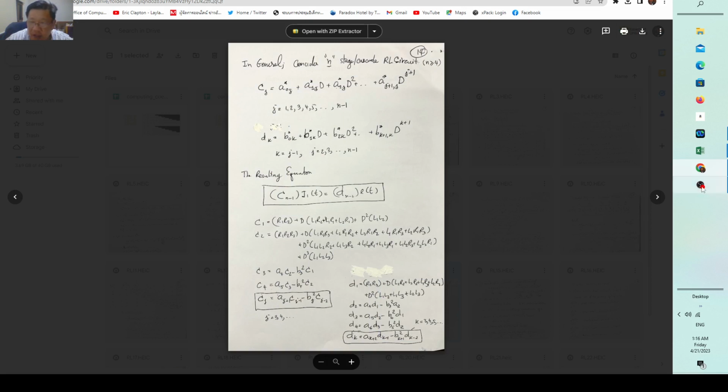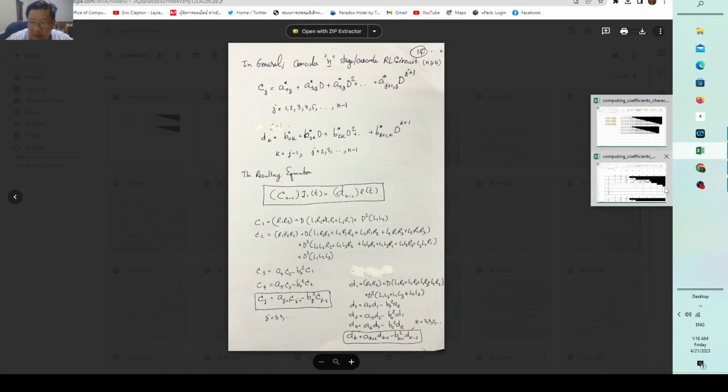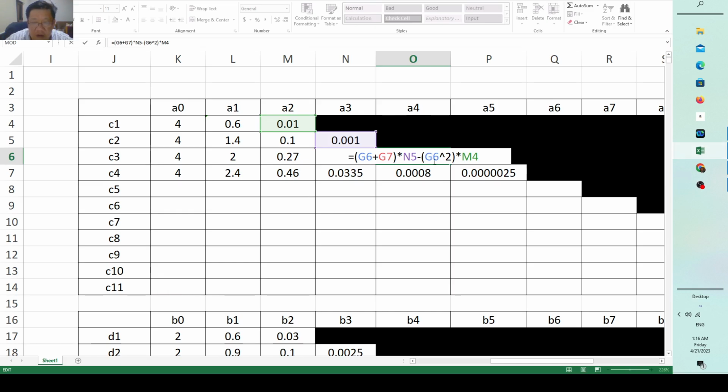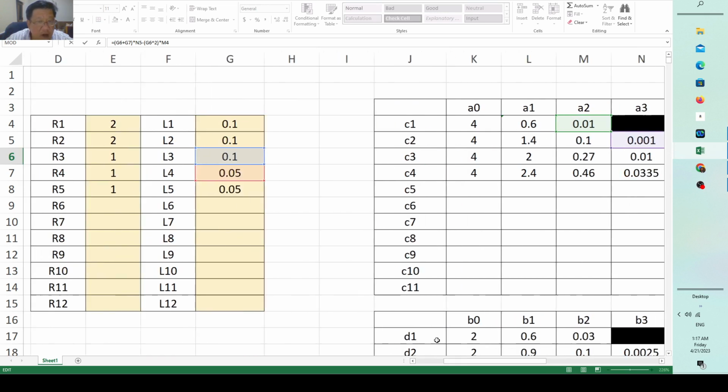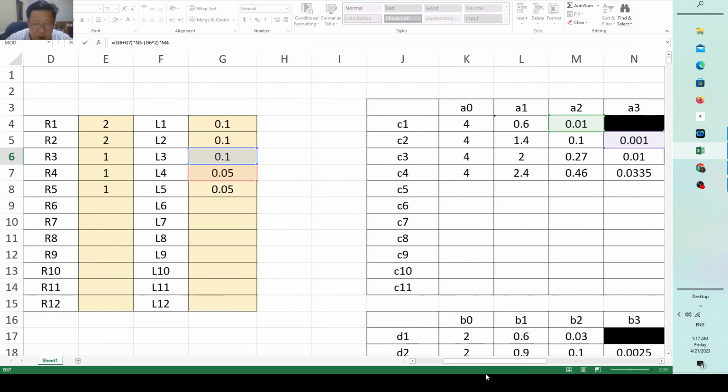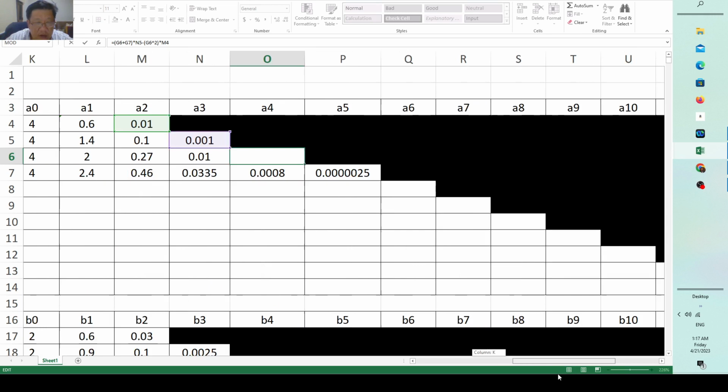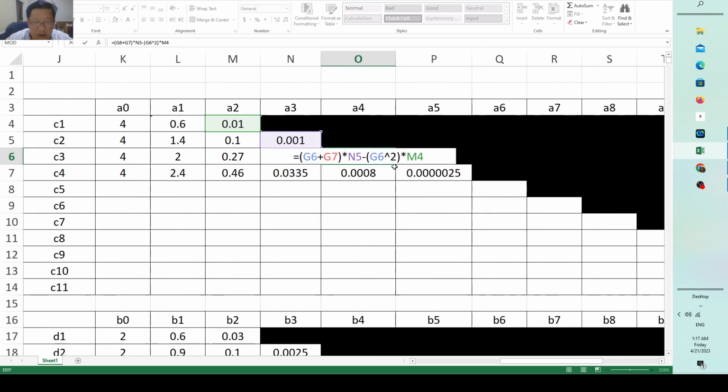This is a square term that has an effect on the formula down here. So this one is just a reference: G6 plus G7 times N5 is over here, and minus G6 square. G6 square is this one, L3 square, and times M4. With the same relative location here.